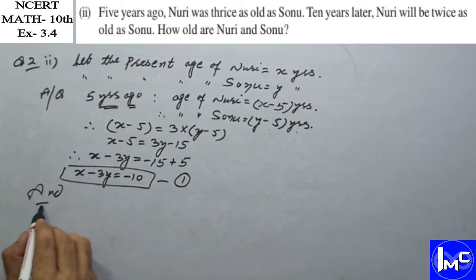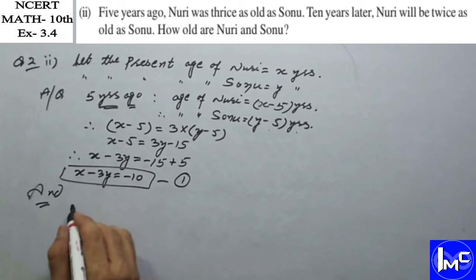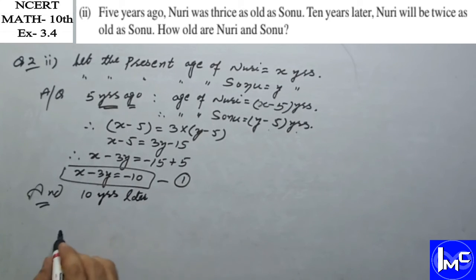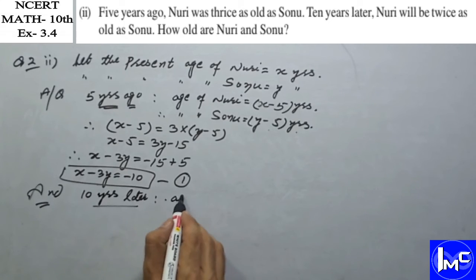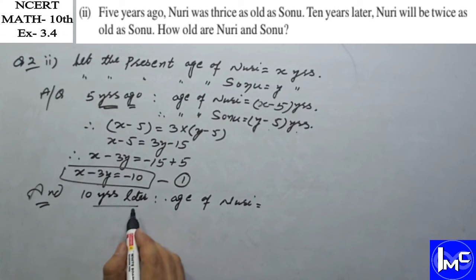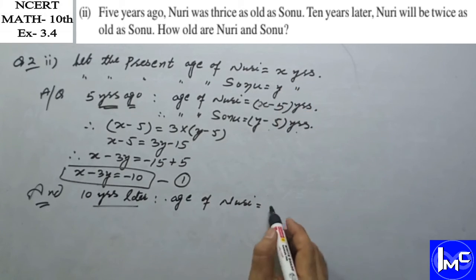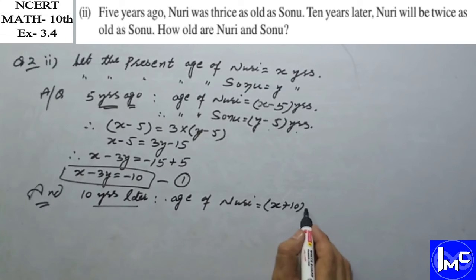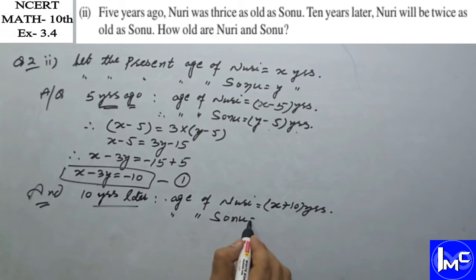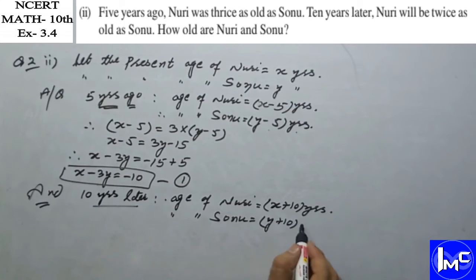And the second condition is 10 years later. Now we will talk about the age after 10 years. 10 years later, age of Noori will be, later means plus, x plus 10, and age of Sonu will be y plus 10 also.